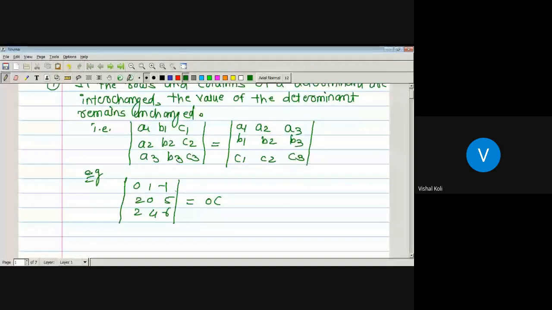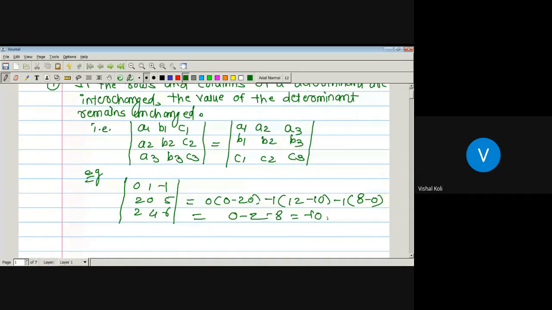Actually it is 0 minus 20 plus 1 into, sorry, minus 1 into, minus of 1 into 2 into 6, 12, minus of 10, minus of 1 into 2 into 4, 8, minus 0. So which is equal to 0 minus 12 minus 10, which is 2, minus of 2 minus of 8, and which is equal to minus 10. So this will be its determinant value.